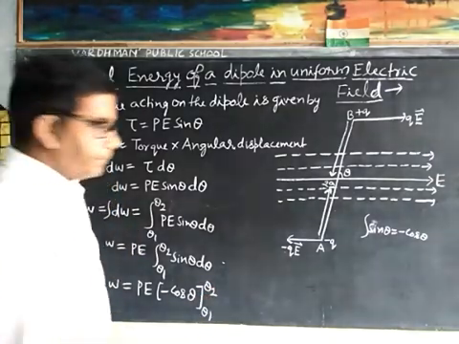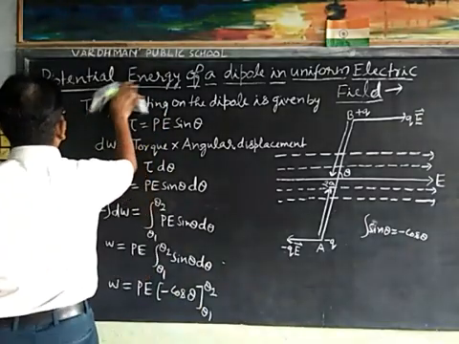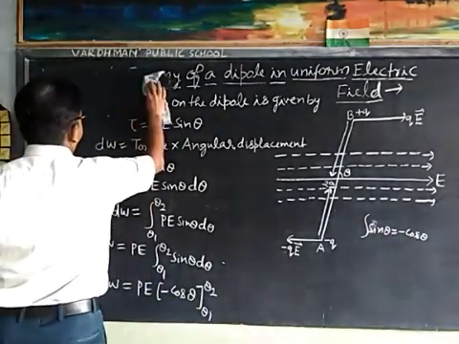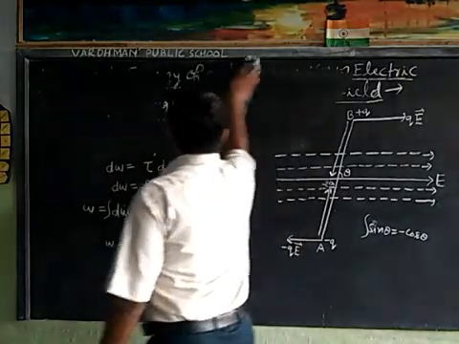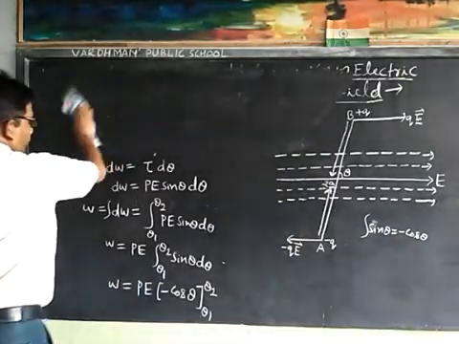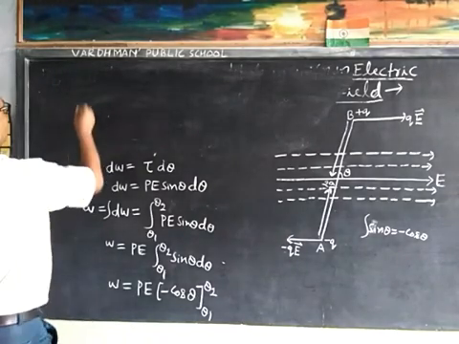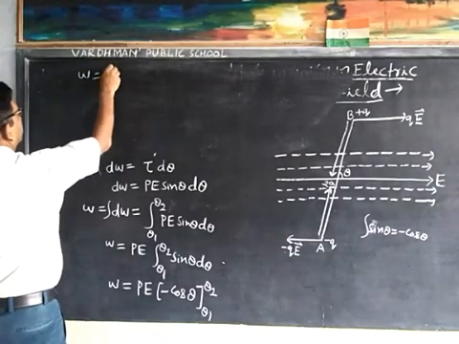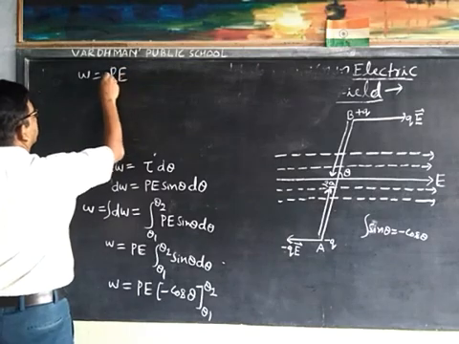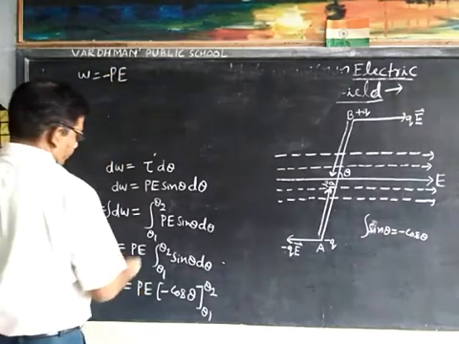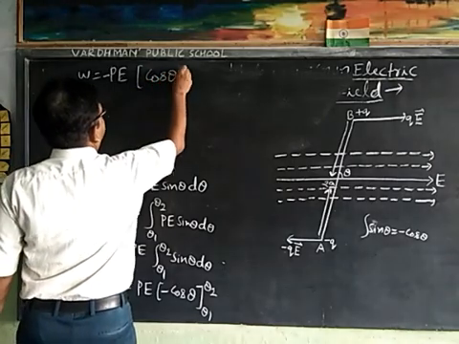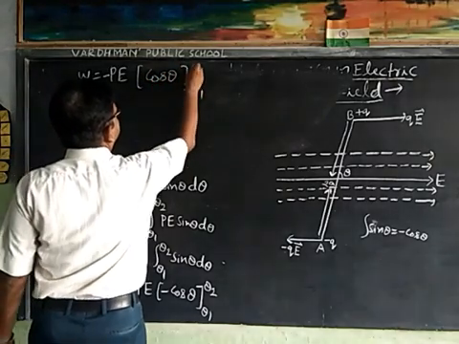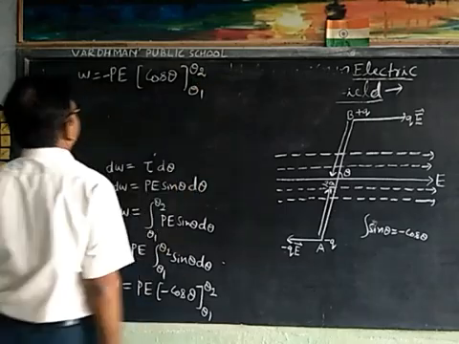Taking the minus sign out, W is equal to minus PE cos theta, lower limit theta 1, upper limit theta 2.